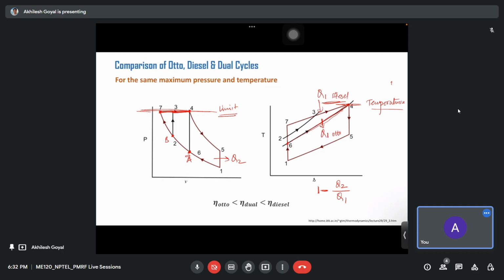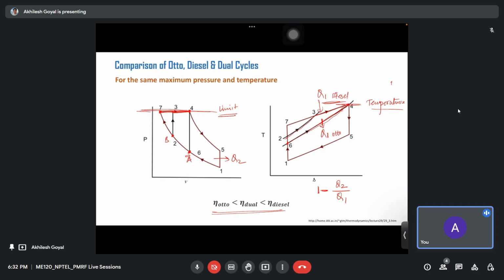So for the second condition, for same maximum pressure and temperature, the efficiency of diesel cycle will be higher compared to the efficiency of Otto cycle, and for dual cycle the heat added lies between the heat added for diesel cycle and Otto cycle. So the efficiency shows this pattern for the condition of same maximum pressure and temperature.